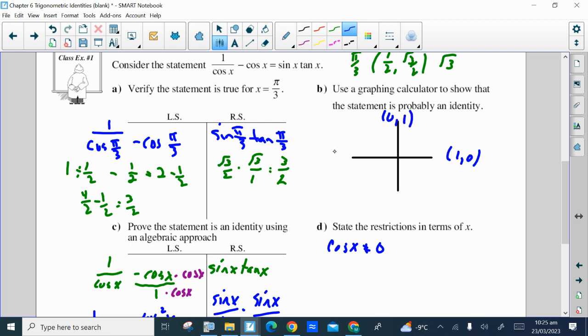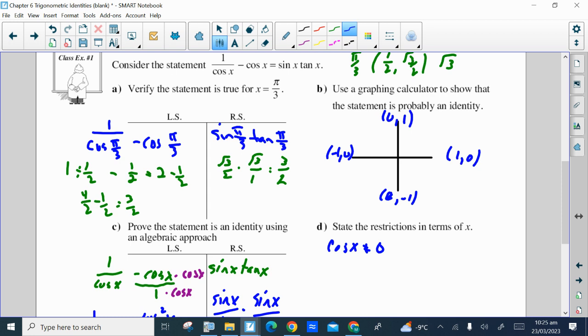That's where cosine is 0. Negative 1, 0 at 180. So there the cosine is negative 1. And at 270, the coordinates are 0, negative 1. The cosine there is 0. So at 90 degrees and at 270 degrees, that's where the cosine is 0.